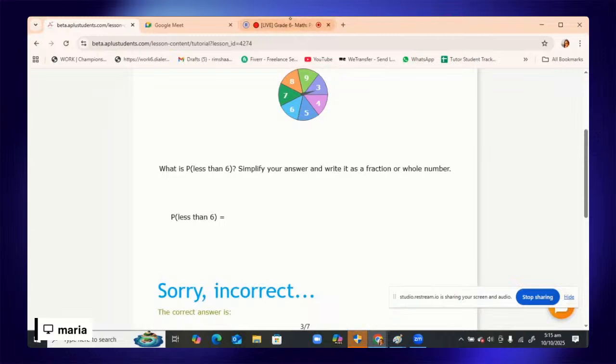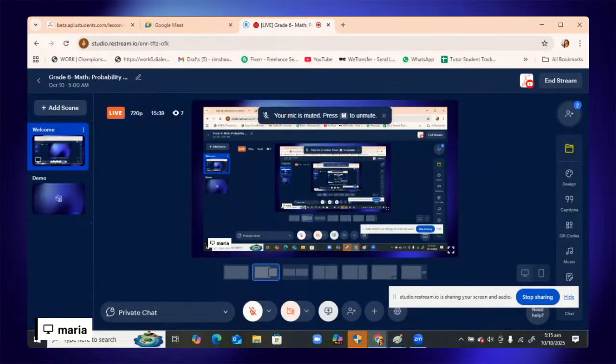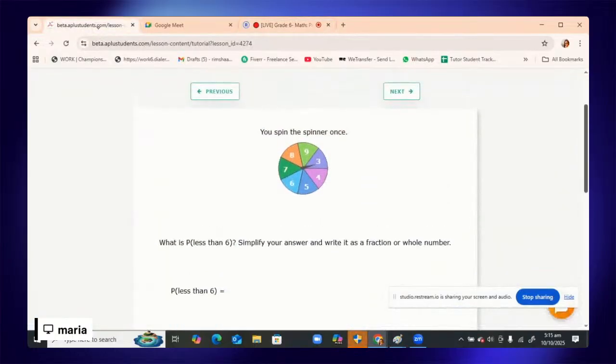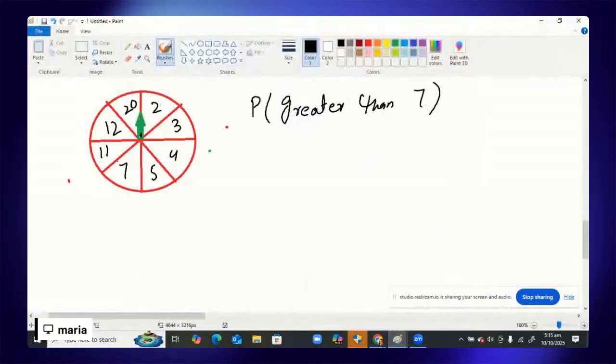Okay guys, tell me what is the probability that the number is greater than 7? Yes, everyone. Tell me in the chat, please.